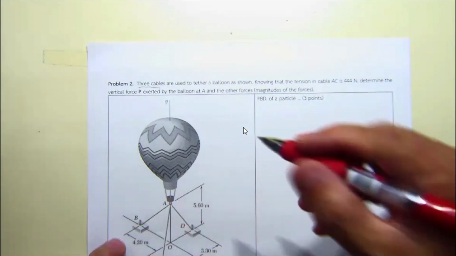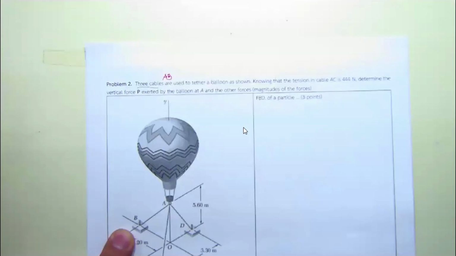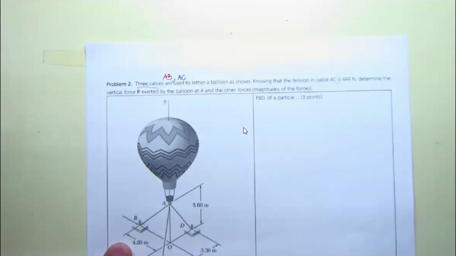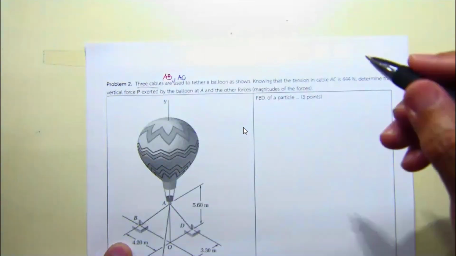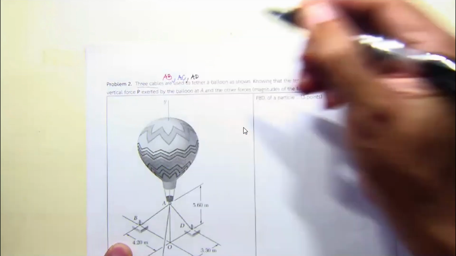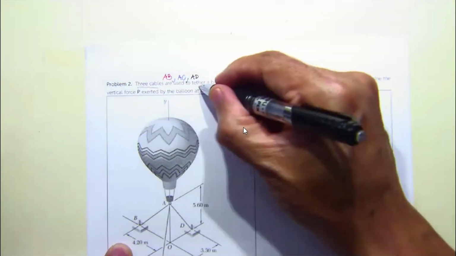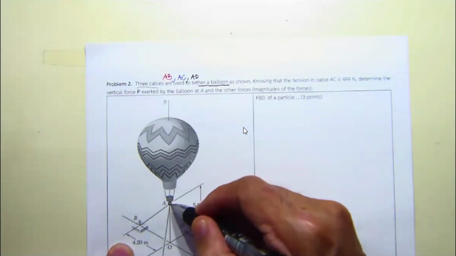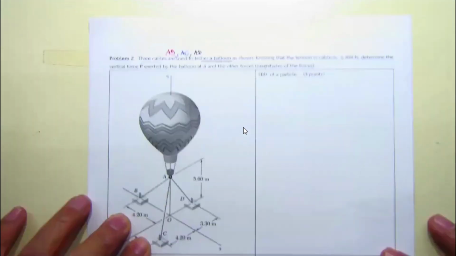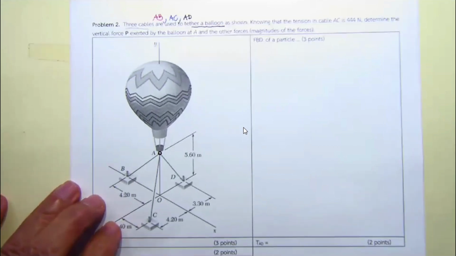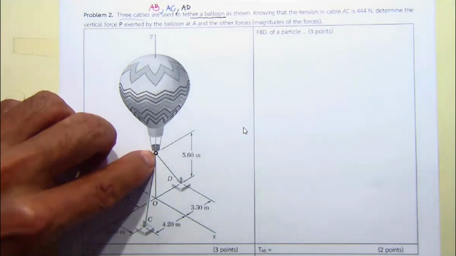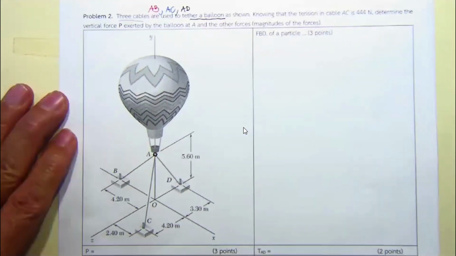Actually, Ajahn should say cable AB, cable AC, and you also have cable AD, used to hold the balloon in equilibrium. Now, if the balloon is in equilibrium, this joint A can represent the whole system of the balloon. If joint A moves, the balloon will move, the cable will move.